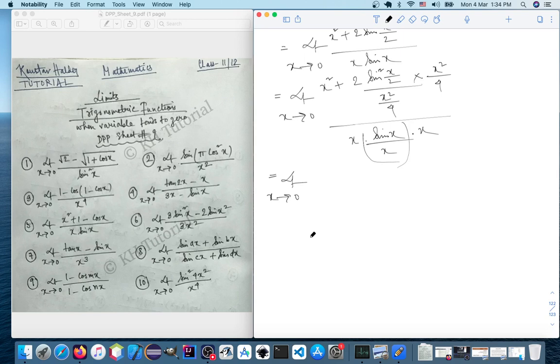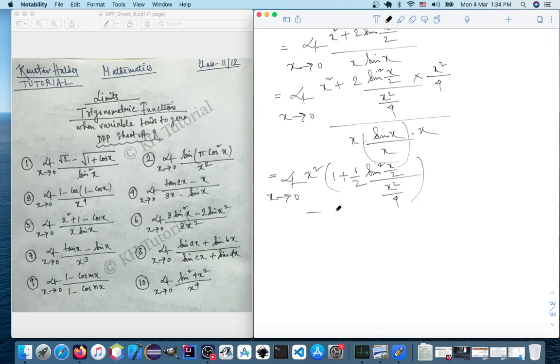As you can see, we have x square common from both numerator and denominator. So let's write it: x square, and here we have 1 by 4 and here we have 2, so half sin square x by 2 divided by x square by 4.